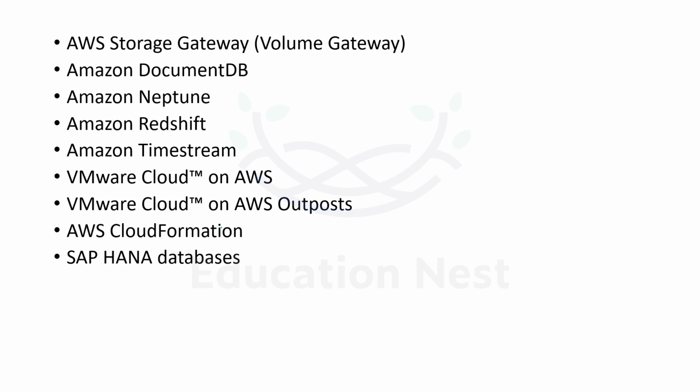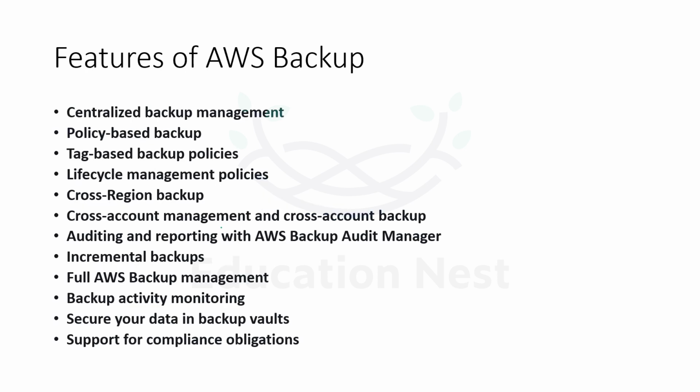Here Redshift will not support it and SAP HANA will not support it. The rest all support cross-region and cross-account backups. One by one, I will describe all of these features here itself.